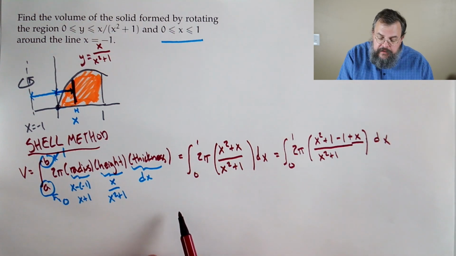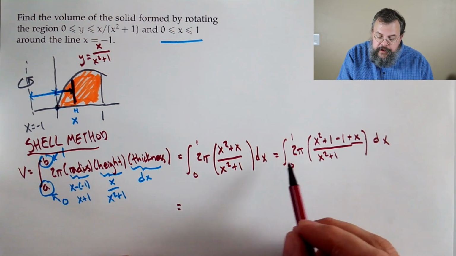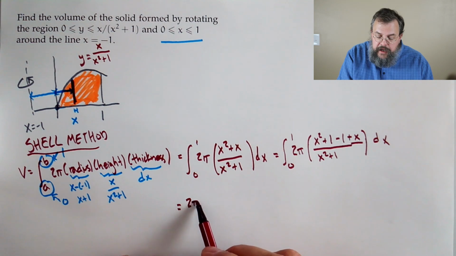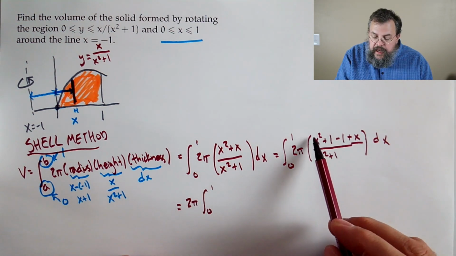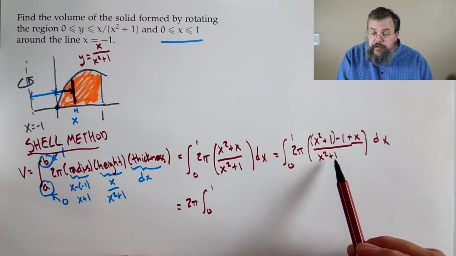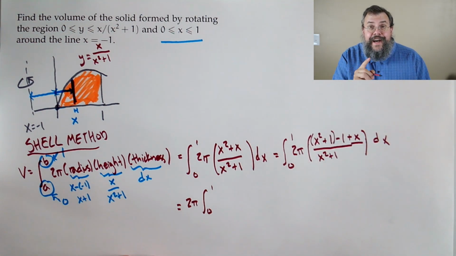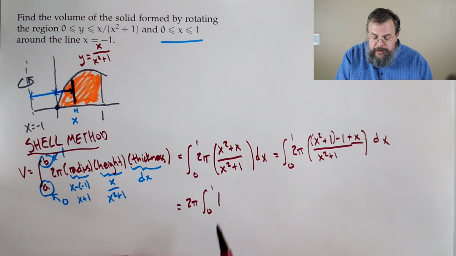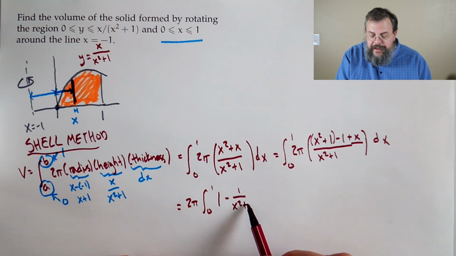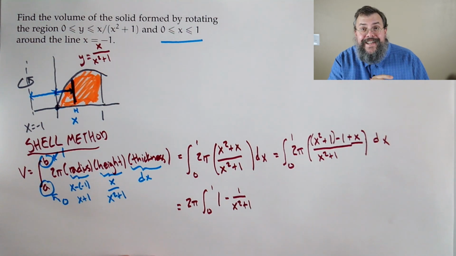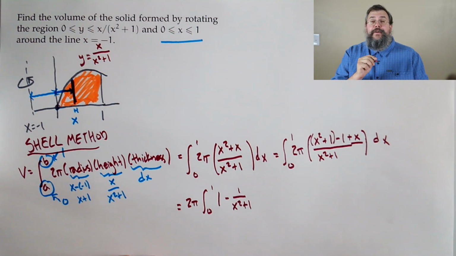So what we have is, I'll go ahead and pull the 2 pi out. 2 pi integral 0 to 1. The x squared plus 1 over x squared plus 1 is nice. That's 1. Then we have minus 1 over x squared plus 1. Also nice, because 1 over x squared plus 1 is a nice integral to work with.